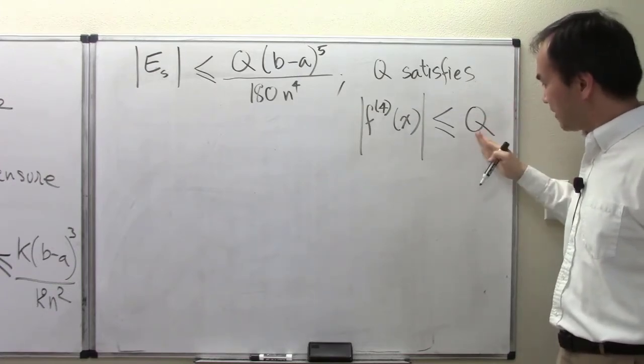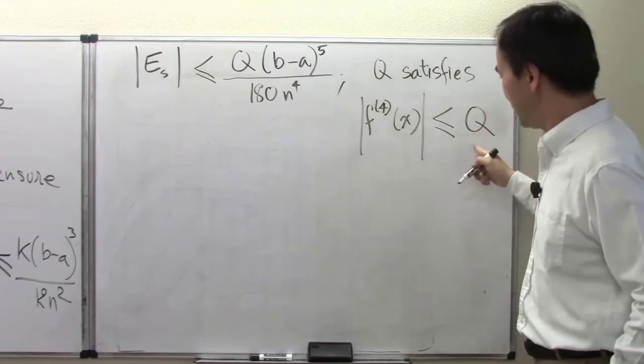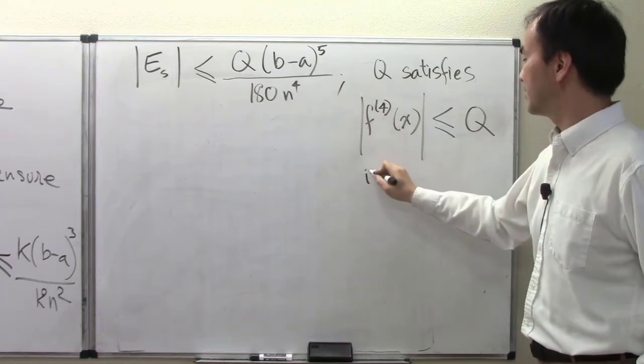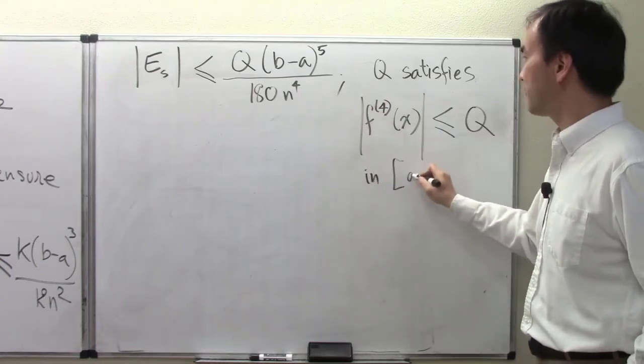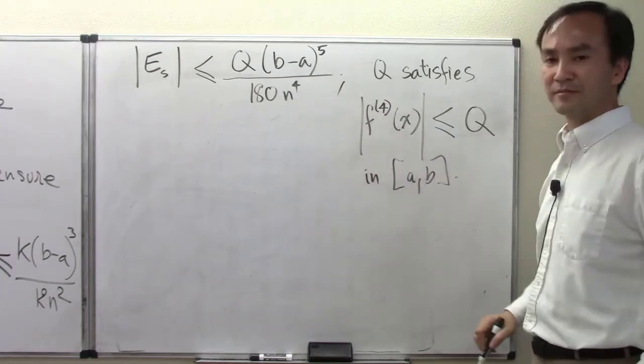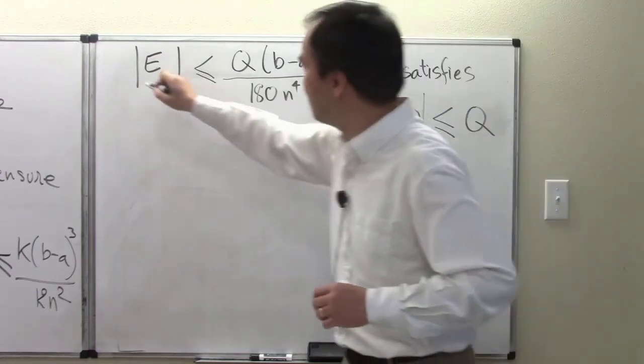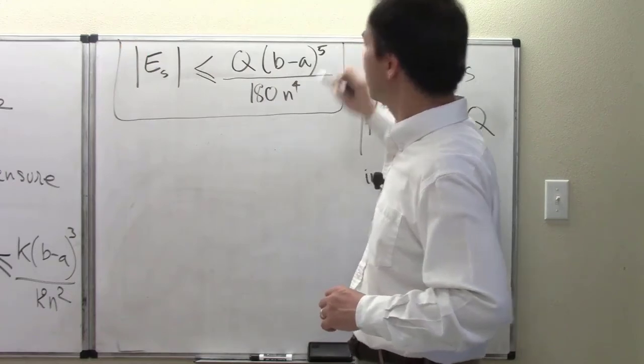You can think of Q as the maximum of this 4th derivative in the interval from A to B. And of course n is the number of subintervals.